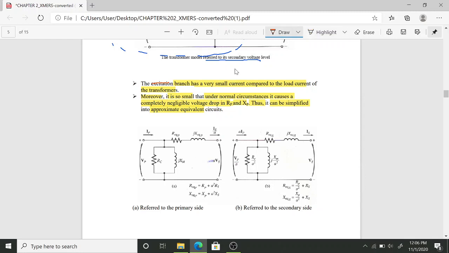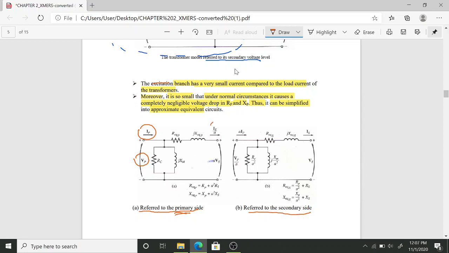Alright, so this is the primary side, and this is referred to the secondary side. As I explained before, look at the primary side: VP maintained, IP maintained.